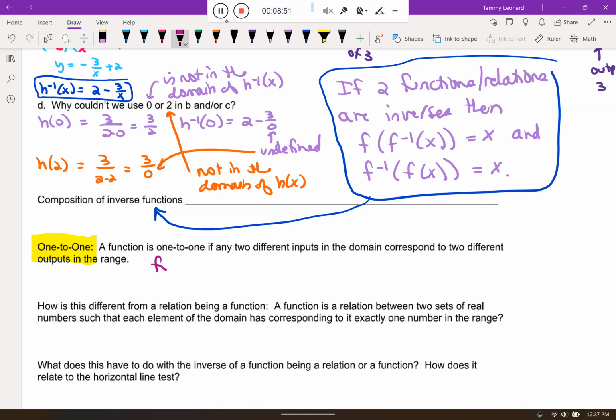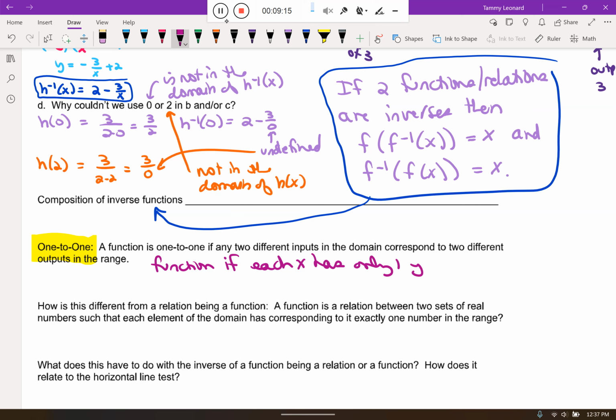So something's a function if each x has only one y. In other words, if I put a number in, I can only get one answer out. And we were able to test that visually on a graph with the vertical line test.